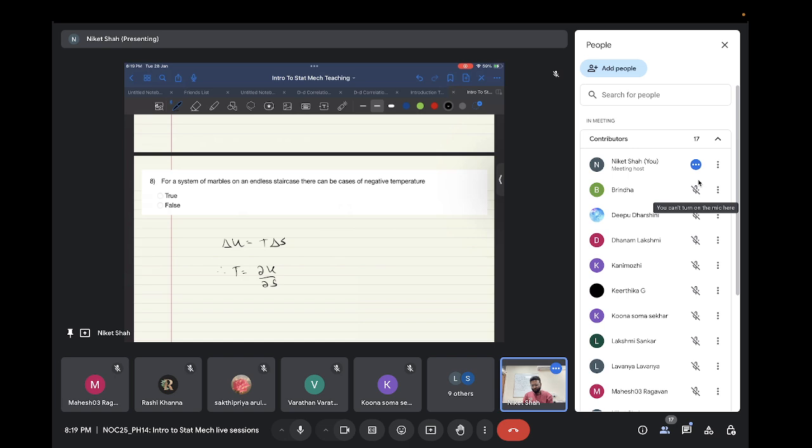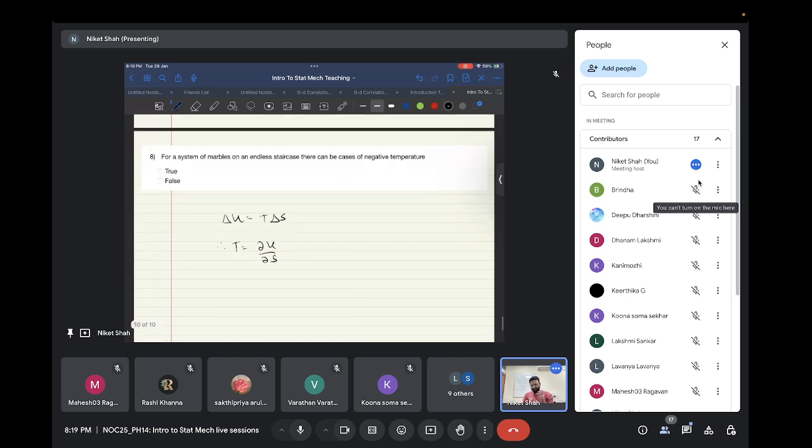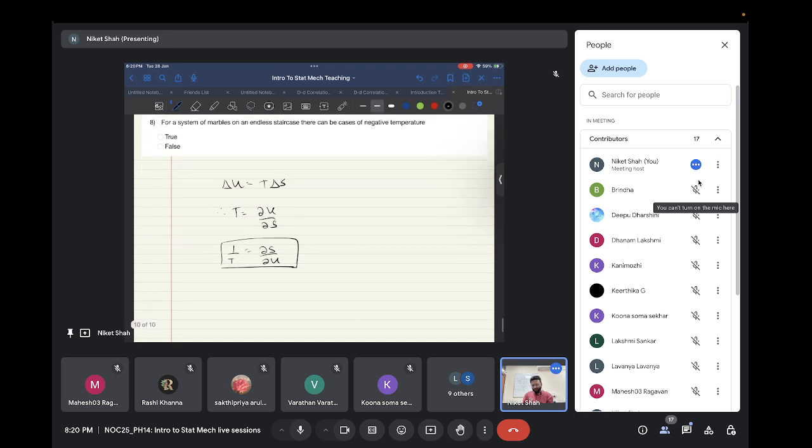Or 1 by T is equal to del S by del U. That's your 1 by T. Negative slope will simply mean negative temperature. Positive slope will mean positive temperature, of the S versus U graph, right?